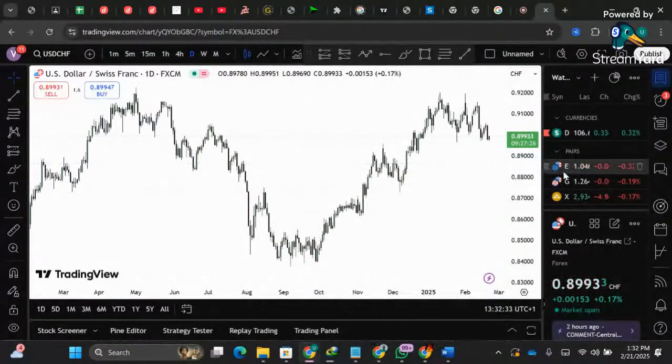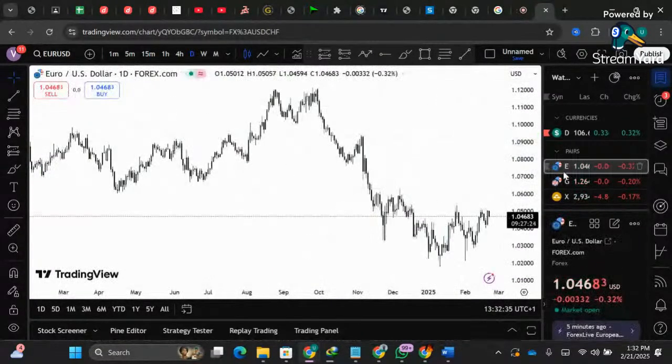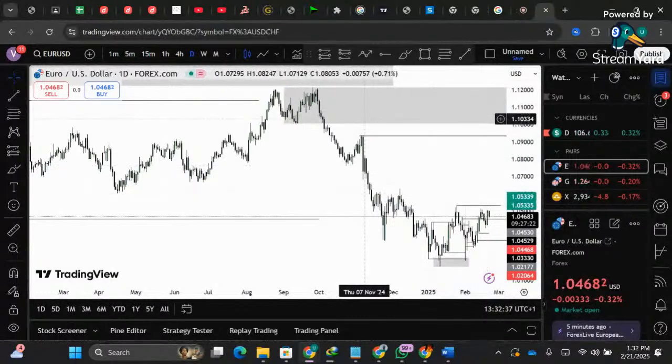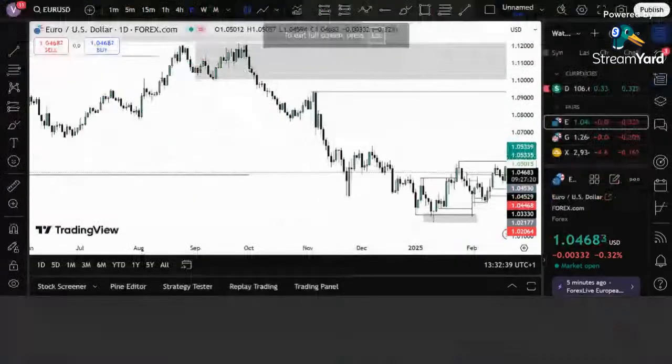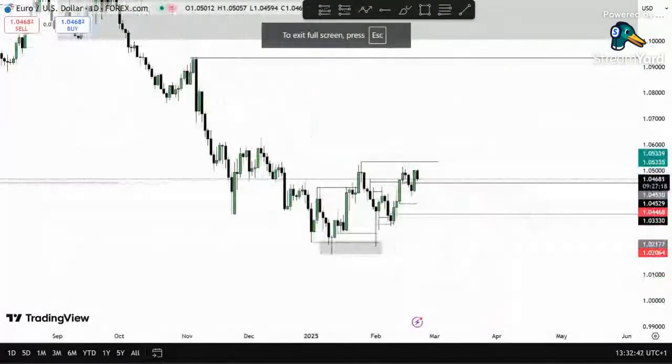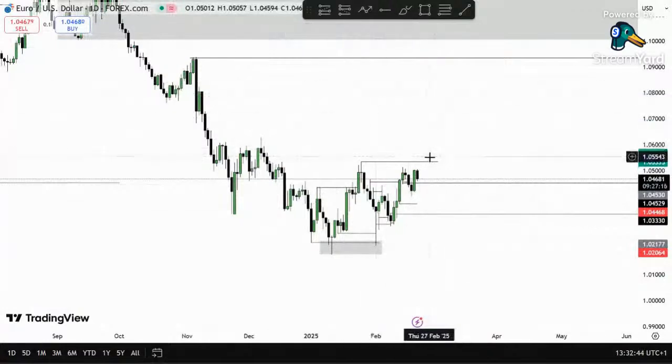Euro USD, basically. I think I already did it. Okay, so just to quickly say this, I'm expecting this level, 1.0532, to be taken out because this is the liquidity I'm seeing here.